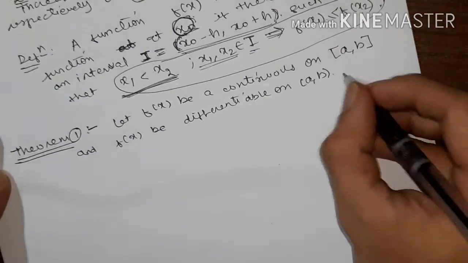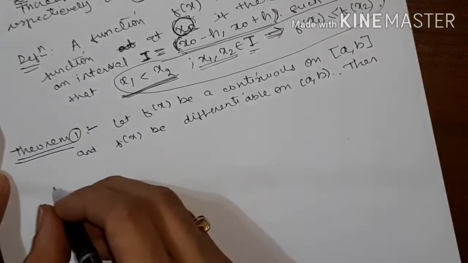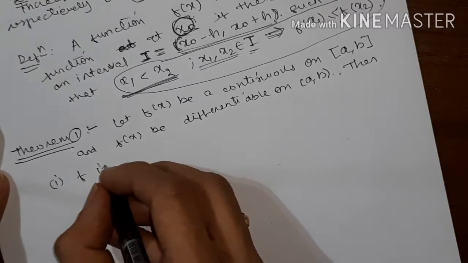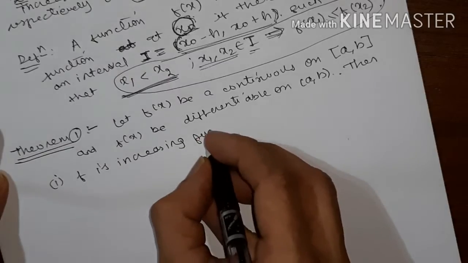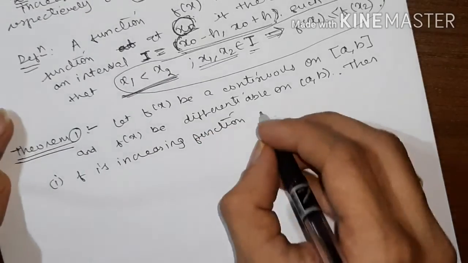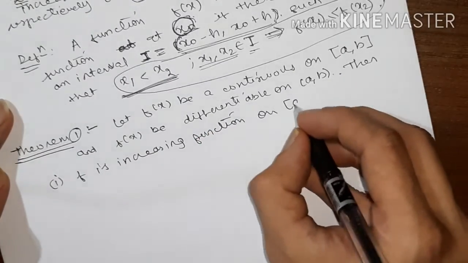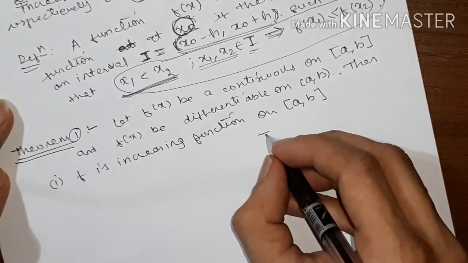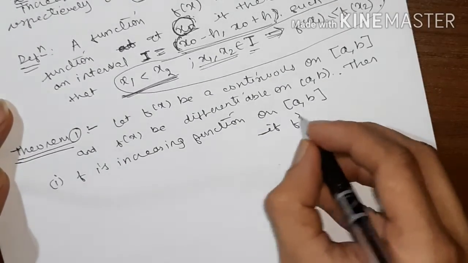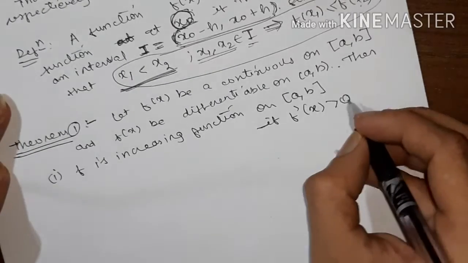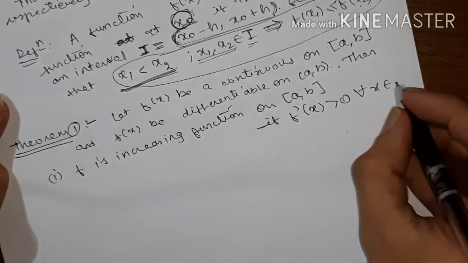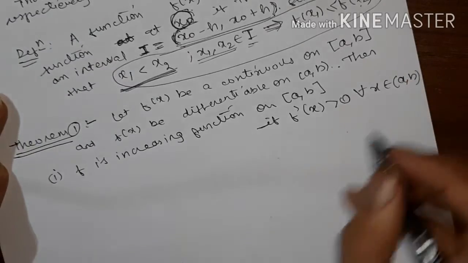Then first, f is an increasing function on the closed interval a comma b if f prime of x is greater than 0. This is important: greater than 0 for all x belonging to the open interval a comma b.